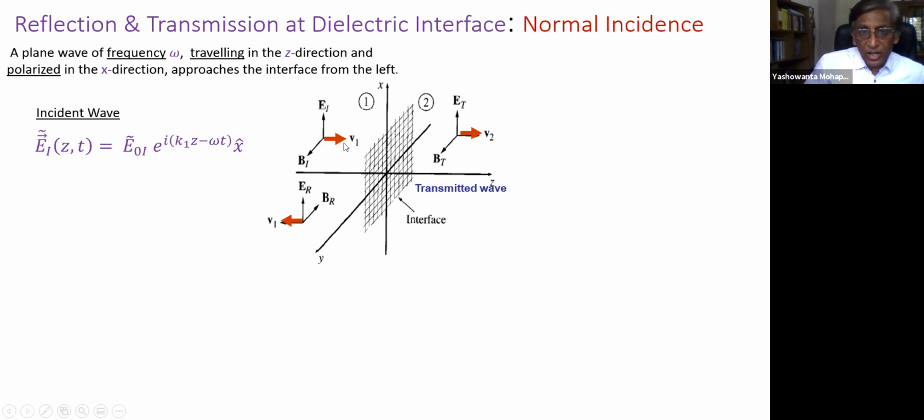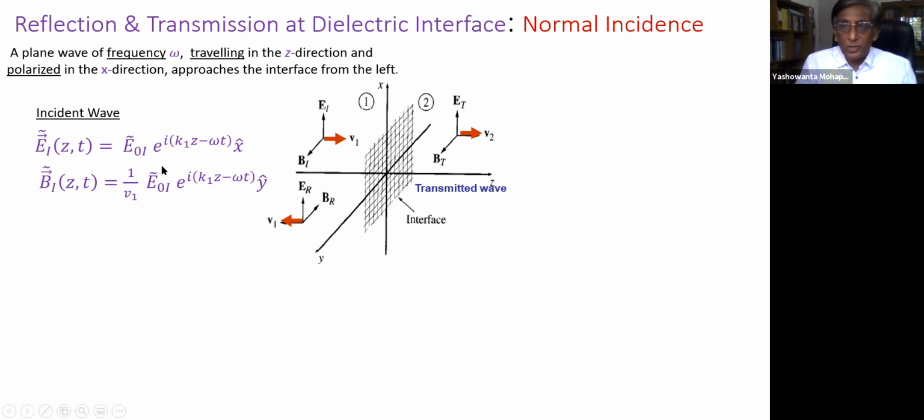It is traveling in the k1 direction, which is the z direction, and hence I can get B_i, which is simply E divided by the velocity of the wave in medium 1, and it is pointing in the y direction. So that's the complete description of the incident wave which is going to meet the interface.